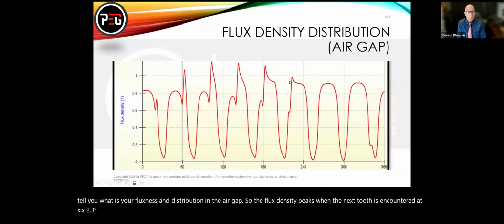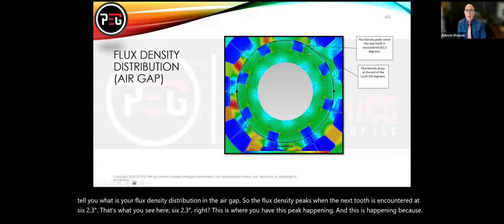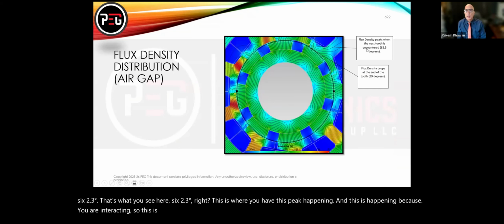That's what you see here, 62.3 degrees. This is where you have this peak happening. That's your stator tooth you're encountering. And the flux density drops at the end of the teeth, at 59 degrees.